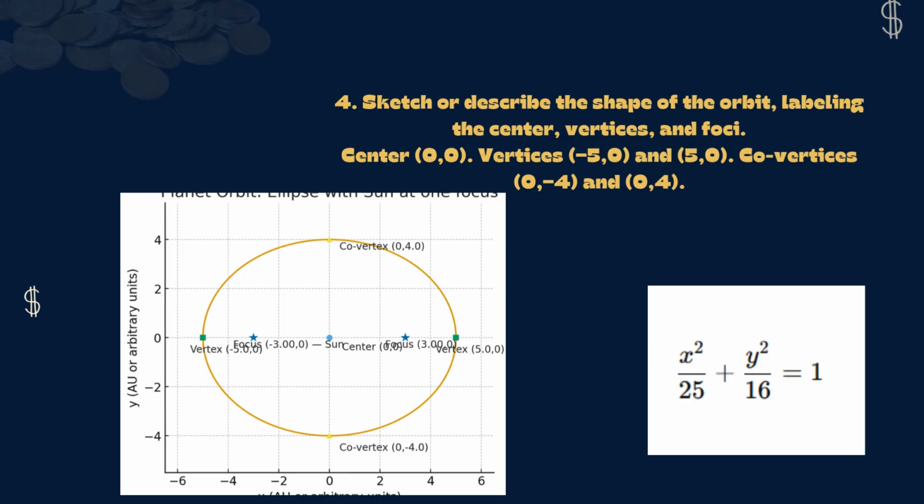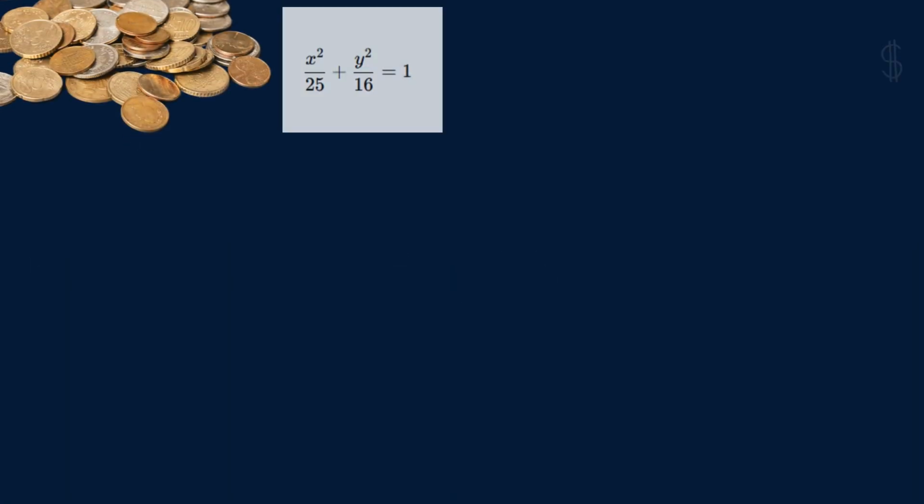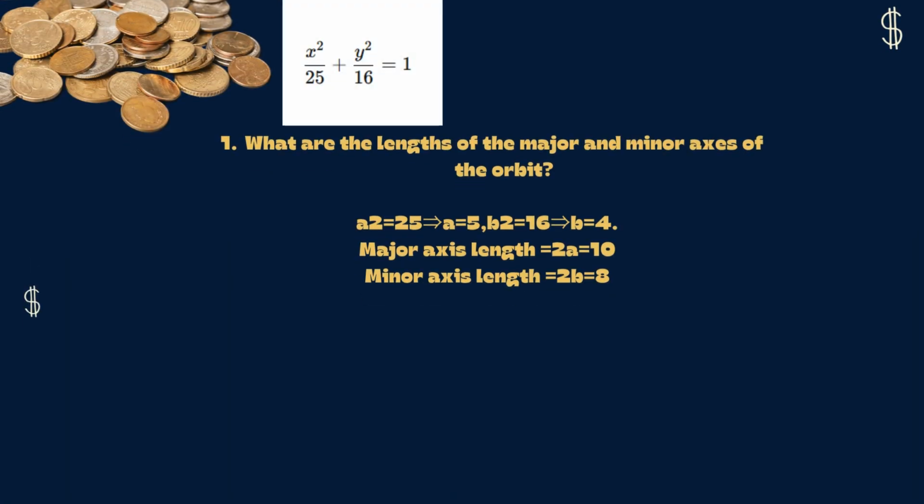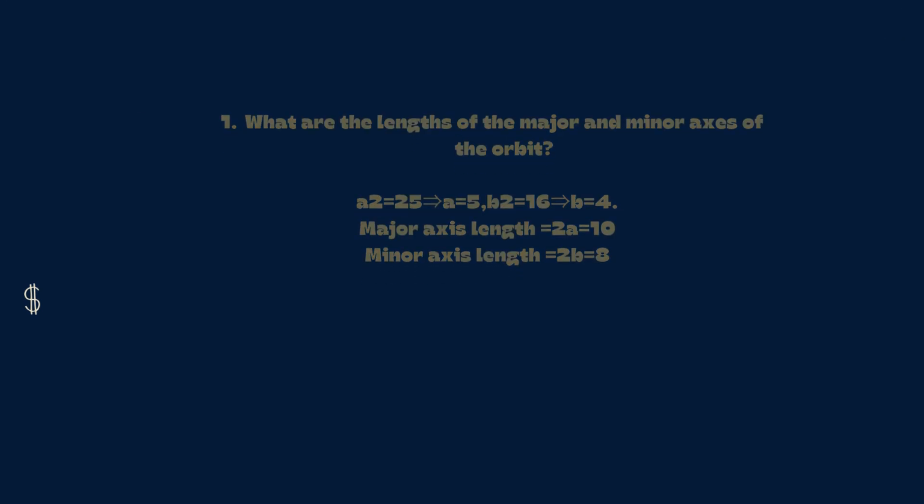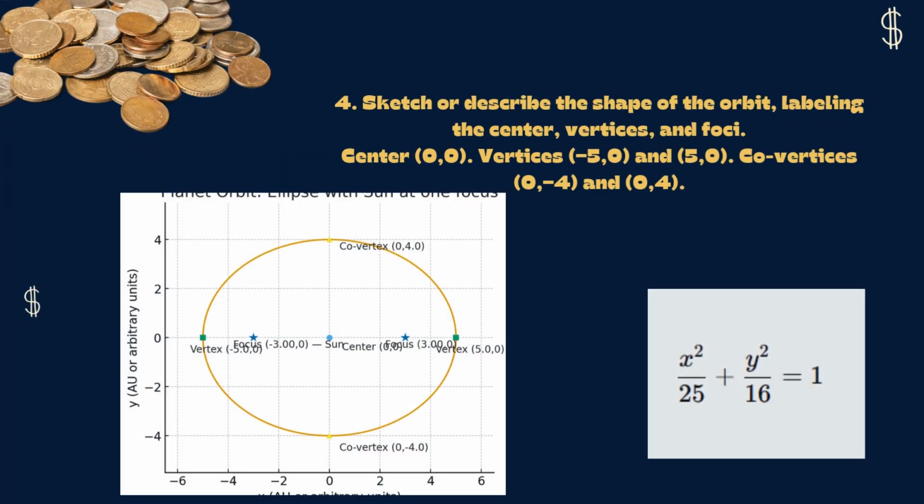In my past discussion, a is equal to 5. So the vertices are (5, 0) and the other one is (-5, 0), as shown right here.